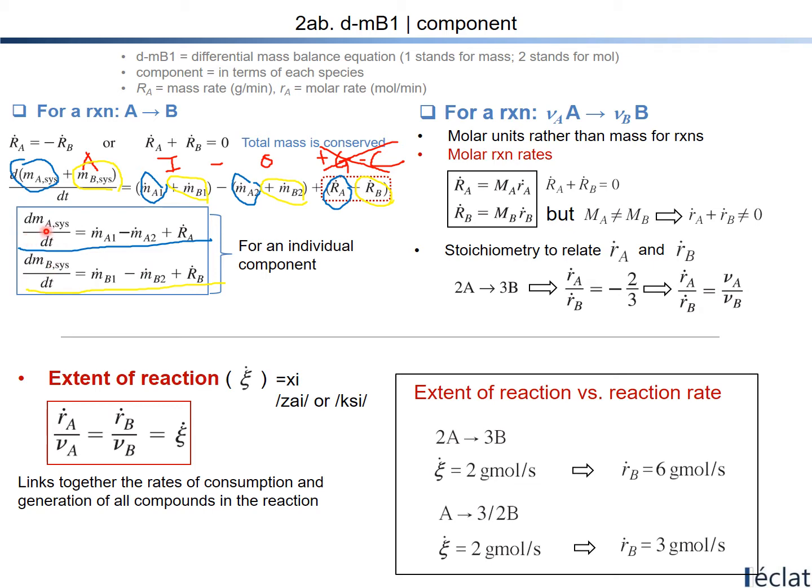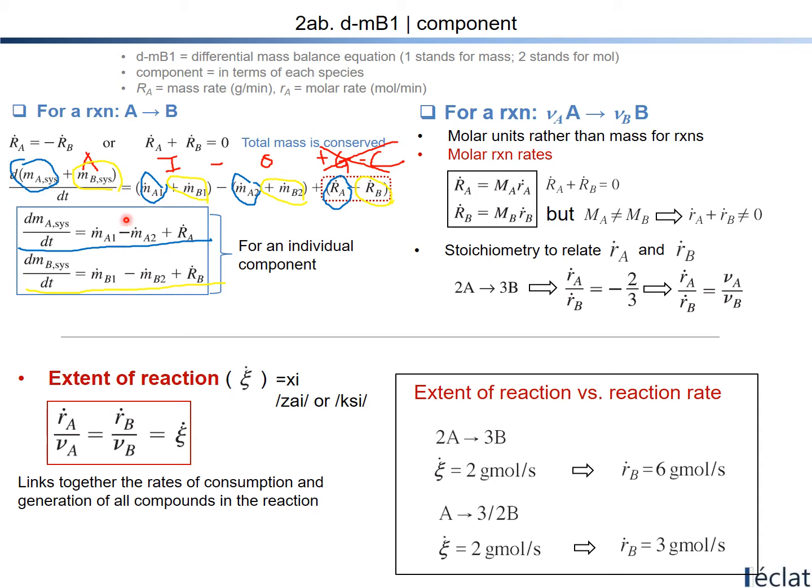So the dM of component A of the system over dt is equal to the mass flow rate of component A in input minus the mass flow rate of component A in output plus generation term. In the same way, you could have obtained this kind of equation about component B. So something changes.